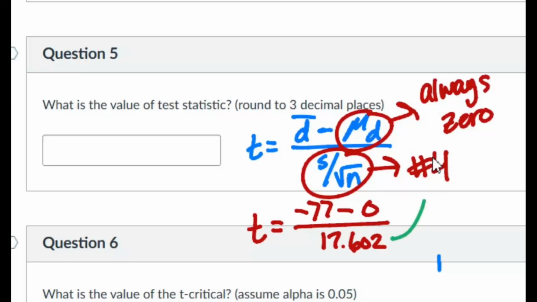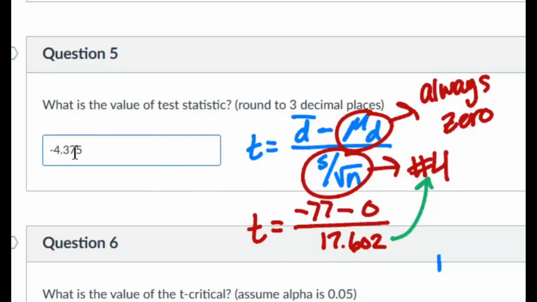We divide those, and we come up with a test statistic of negative 4.375. So negative 4.375 is my test statistic.